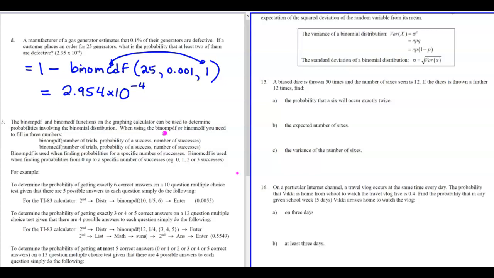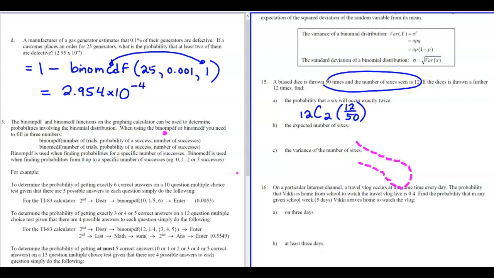So it's either going to be a 6 or not a 6. So the long way, or the algebraic way, another further 12 times, twice you get a 6. So this is where we have to calculate our probability: 12 out of 50.